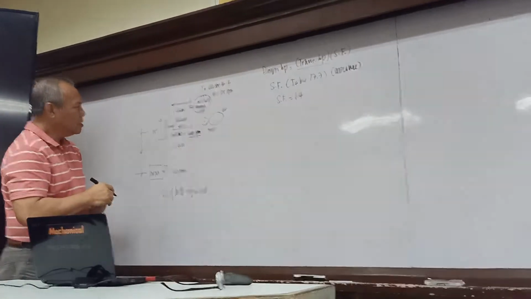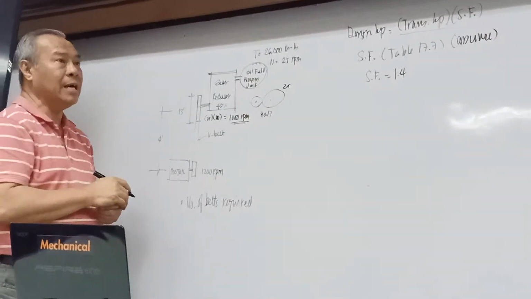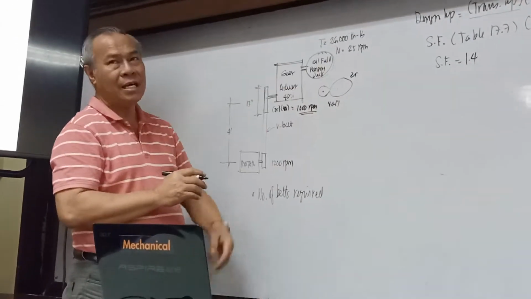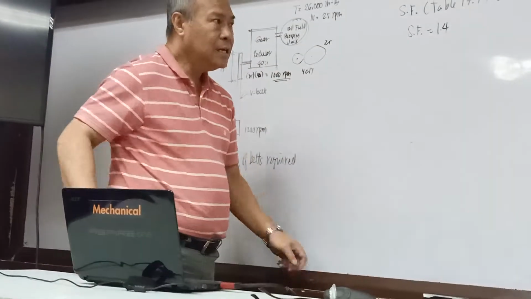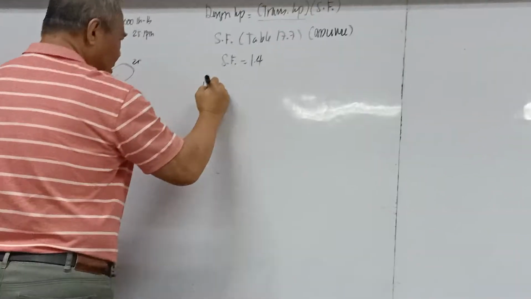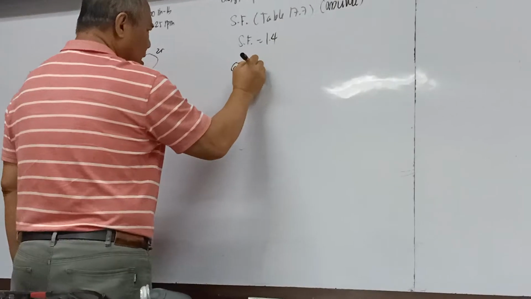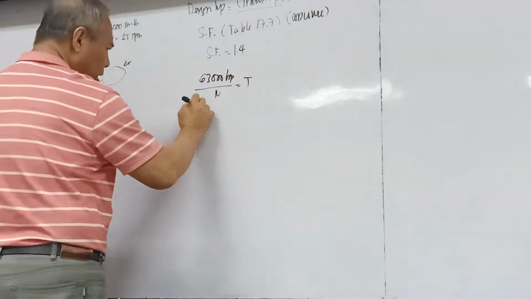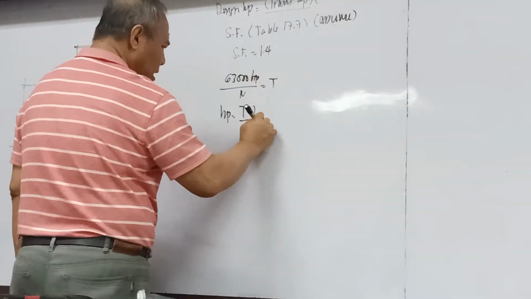Now, with 1,000 RPM, what will be the output horsepower? How do you compute the output horsepower for this one? We are given the torque. In our equation, the horsepower is equivalent to Tn all over 63,000.